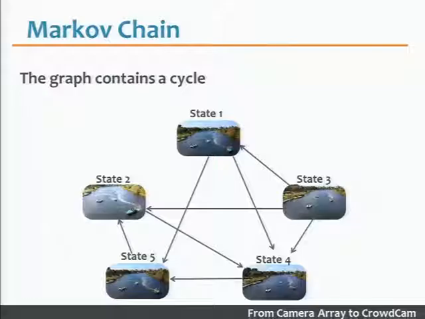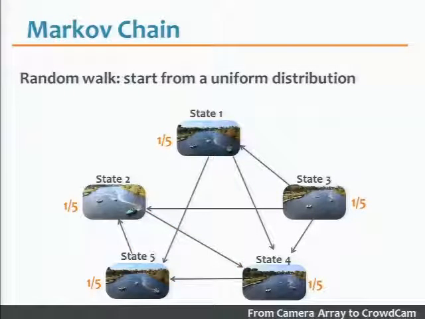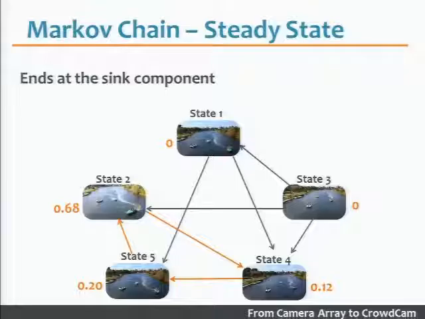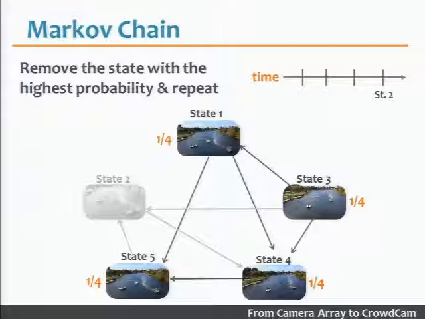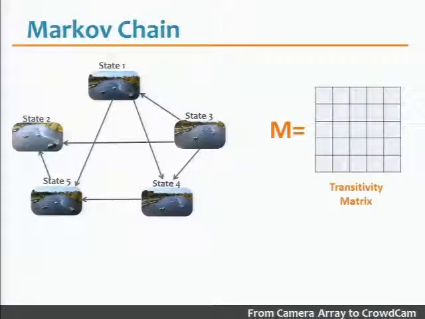What happens in this case is that if we start from a uniform distribution, the distribution will end up spread over the sink component. So this is a heuristic part of the algorithm. We take the last image to be the image with the highest probability, remove it, and repeat. In practice, we define the transition matrix M, where the component ij is the probability that i came before j.